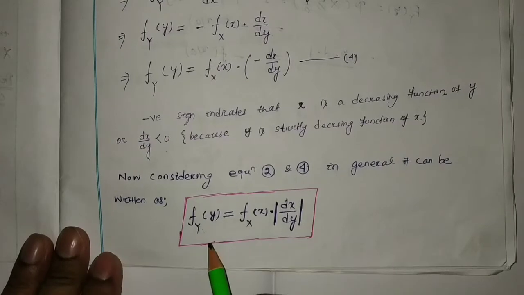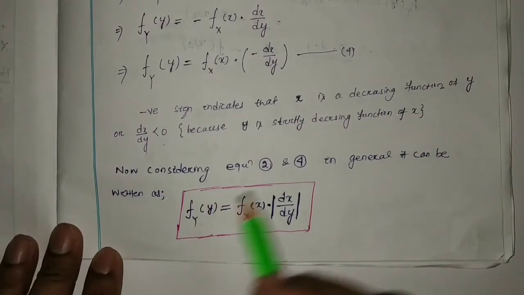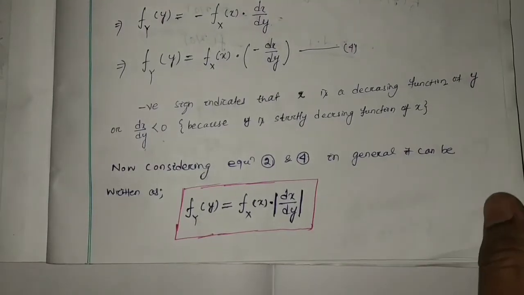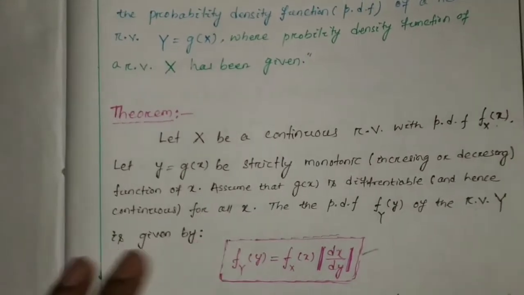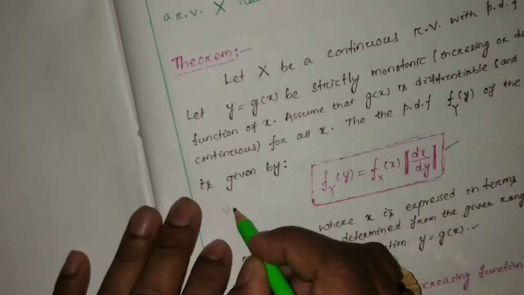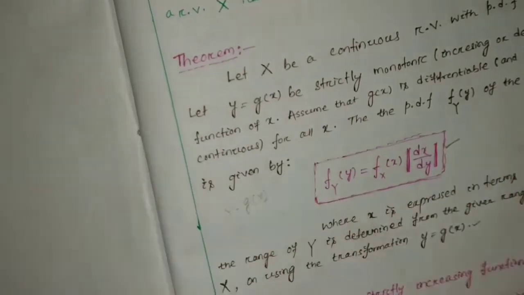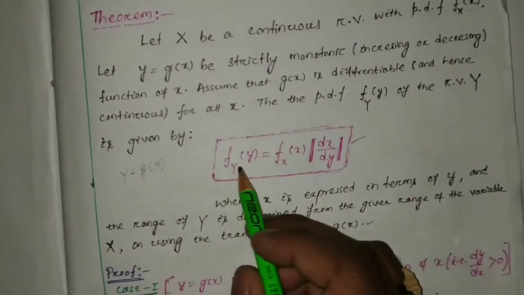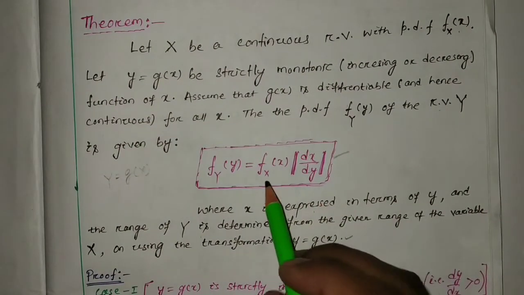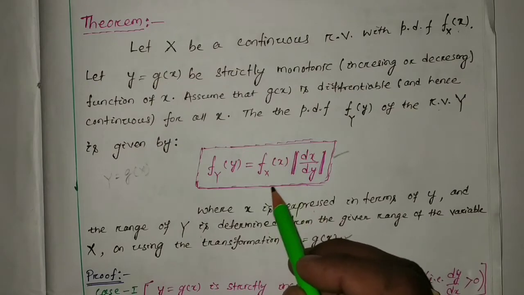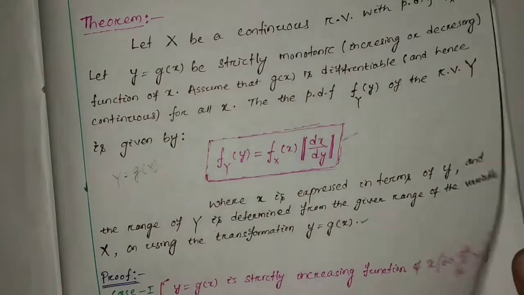Here we have proved that the PDF of a random variable y, which is a function of x, as y equal to g of x, or capital Y equal to g of capital X, is the given PDF of x into the modulus of dx by dy.